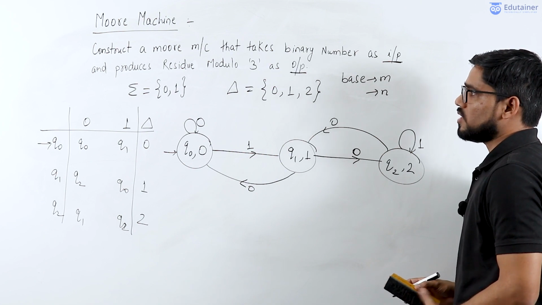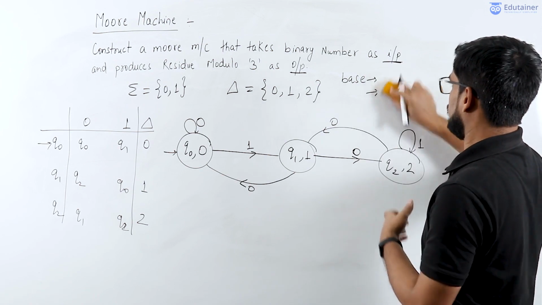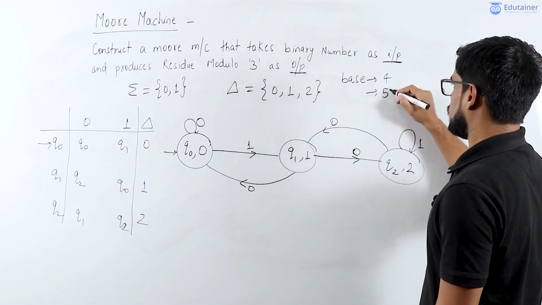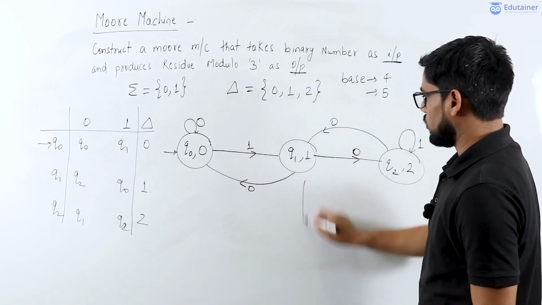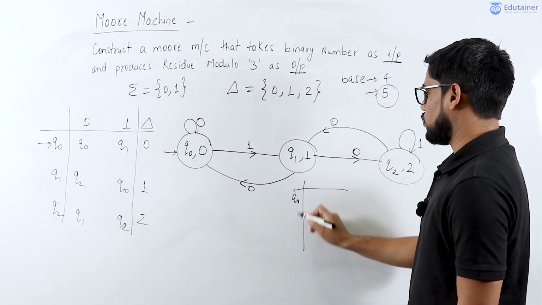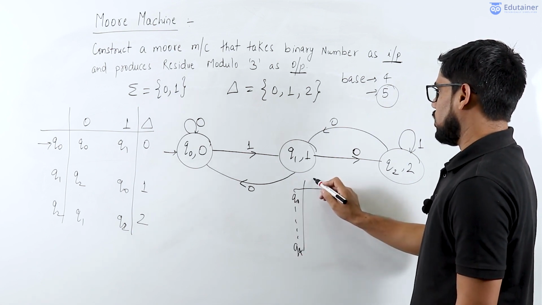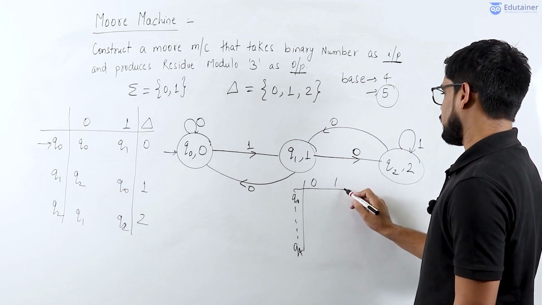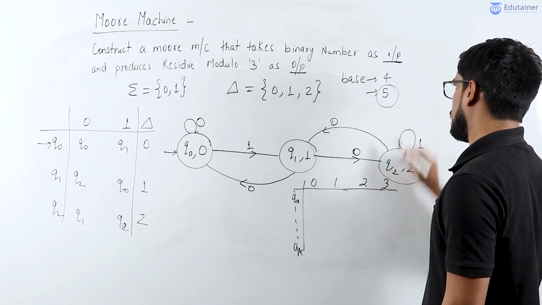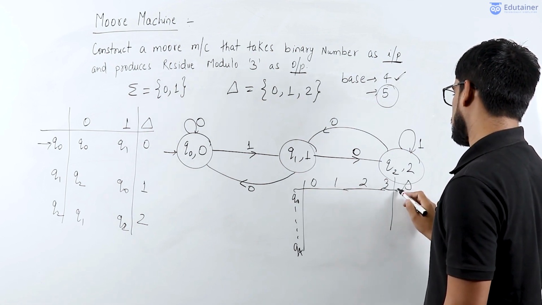Okay, so let's say the question asked is to divide base 4 with residue modulo 5. So in such a question there are a total of 5 states because it is residue modulo 5. So Q0 to Q4, and the input alphabet is 0, 1, 2 and 3, because in base 4 we have a total of digits 0 to 3 available, and the output alphabet is capital Delta.